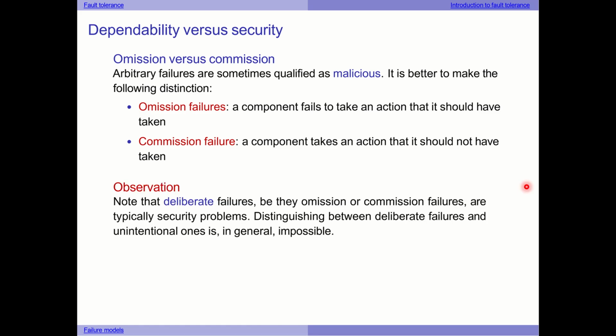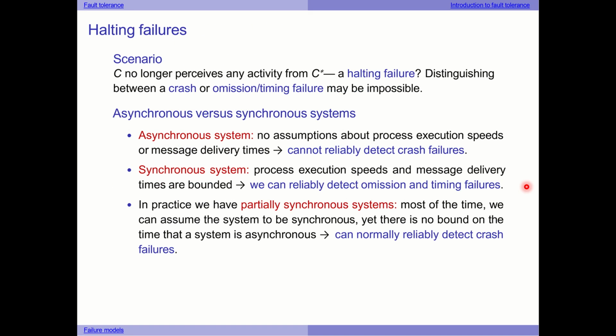The thing with these failures is we need to judge whether the failure is deliberate, be it omission or commission, and usually when the failure is deliberate, there are typically security problems. Distinguishing between deliberate failures and unintentional ones is in general impossible.